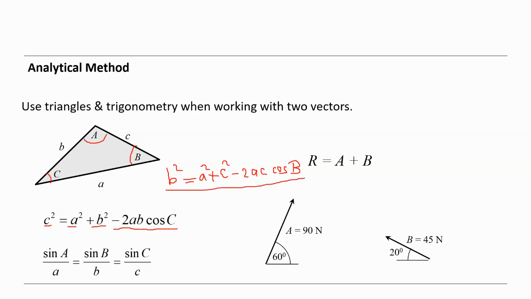In the same way, we can calculate B squared, C squared, and A squared. It is always the same. If we know two lengths and an angle of the triangle, using these equations we are also able to calculate the remaining unknowns of the angles.